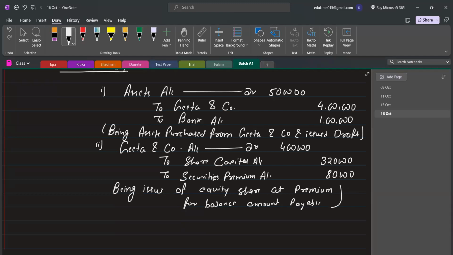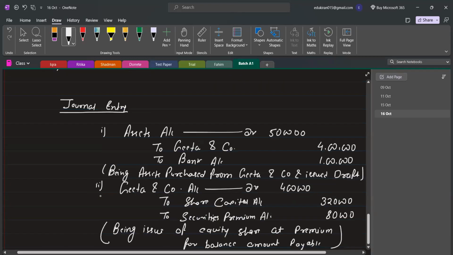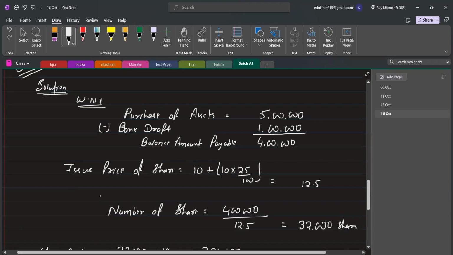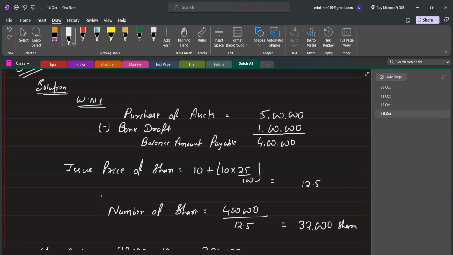Okay, so this is your solution for question 29. Is there any doubt you have in this question? No, sir. You have written or taken a screenshot of this question?